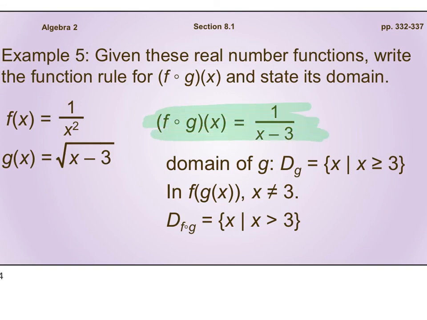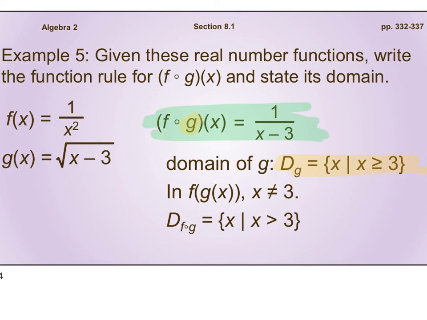Okay, the domain of g was x had to be greater than or equal to 3. Anything else would be a problem because I have got that square root, and I can't square root a negative number, not and be in the real world. Okay, so my domain on g is x greater than or equal to 3.